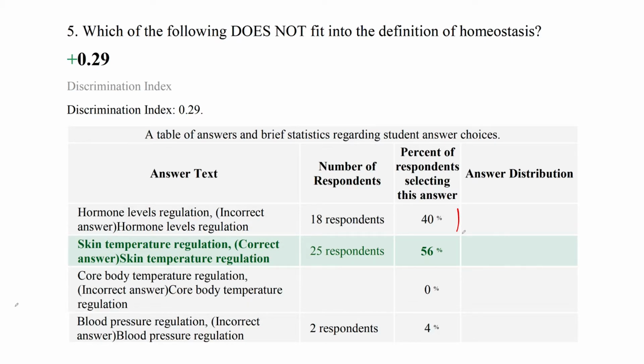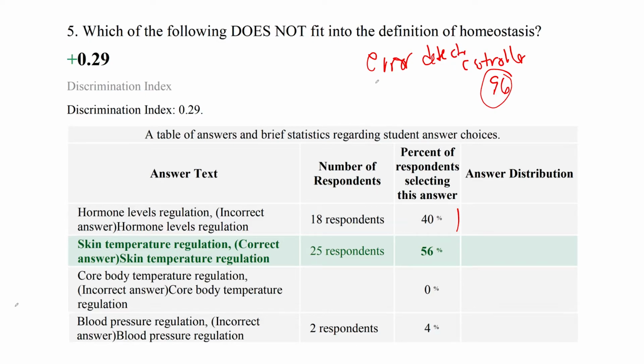What is the definition of homeostasis? The controller has a set point, 96. When there is a variation, what does the control center do, what does the error detector do?